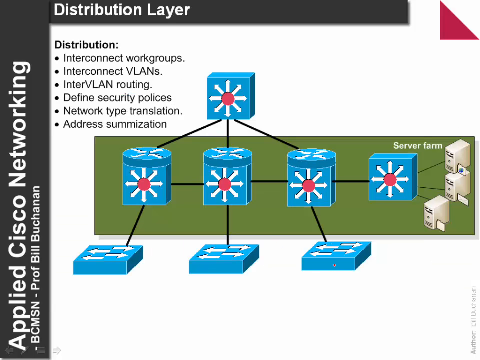At the layer above, we can interconnect between work groups. We can then interconnect between VLANs. So if this node is on VLAN 1 and this node here is also on VLAN 1, this node is on VLAN 2, this node is on VLAN 2.